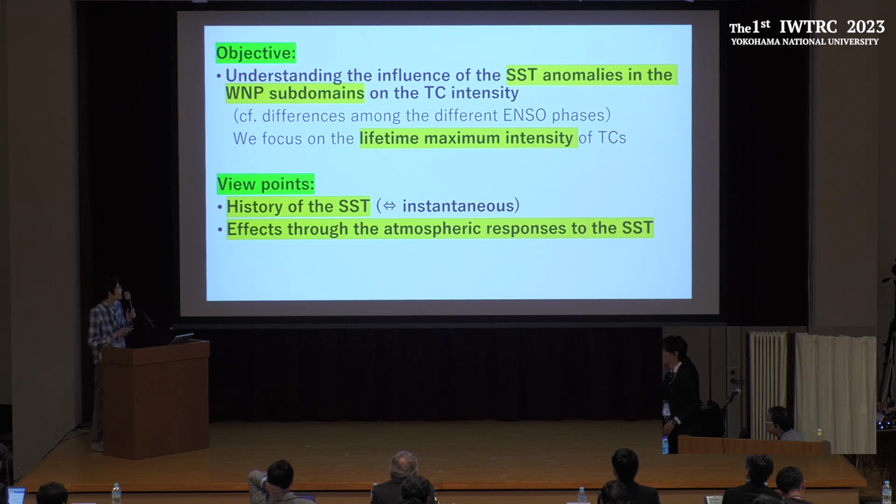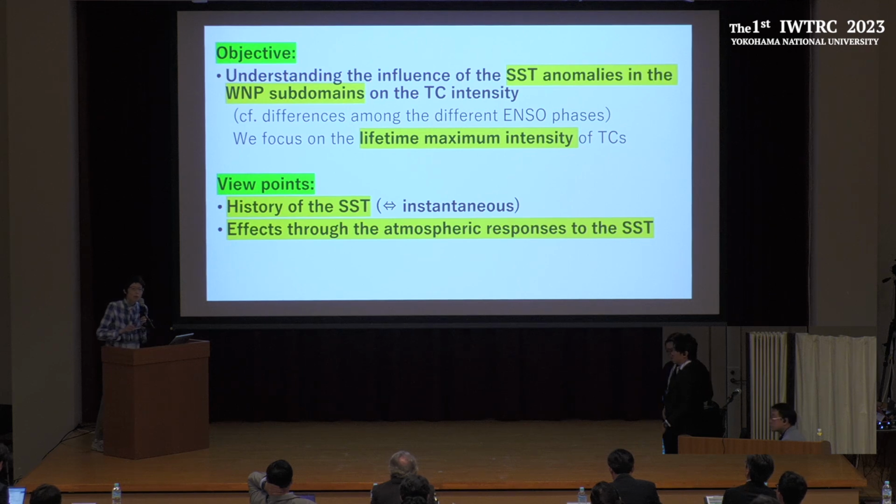Our point is to look into the history that each tropical cyclone experienced from its very initial genesis to the timing of the maximum intensity, and examine the effect through the atmospheric responses as well as the SST.